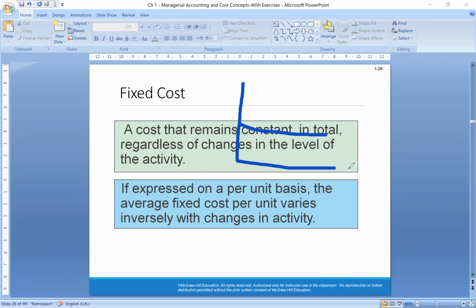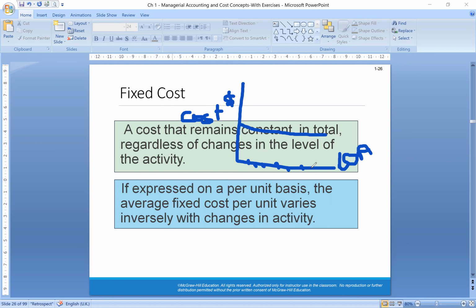So the units of activity will be in the x-axis, level of activity, and the dollar sign or the cost will be for the y-axis. Remember that we need to pay rent for, let's say, $1,000, regardless of how many tables we are producing.